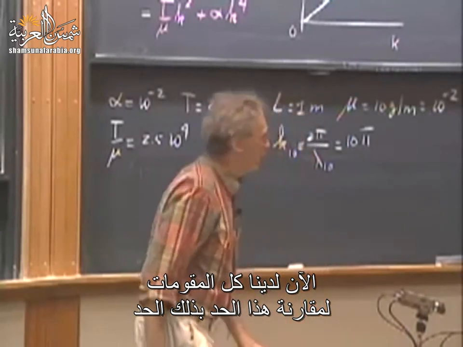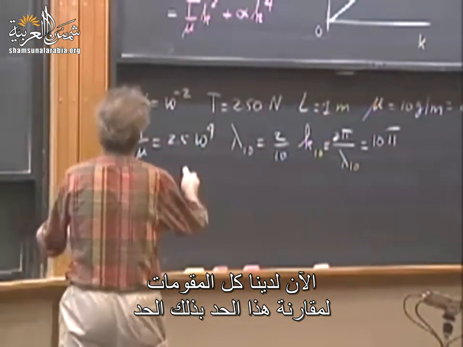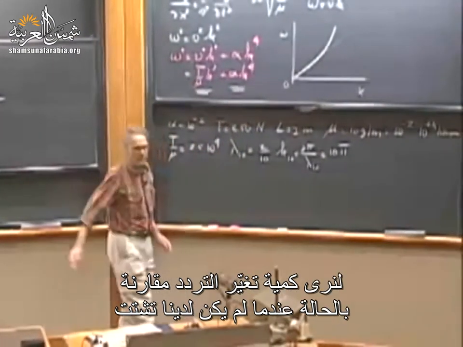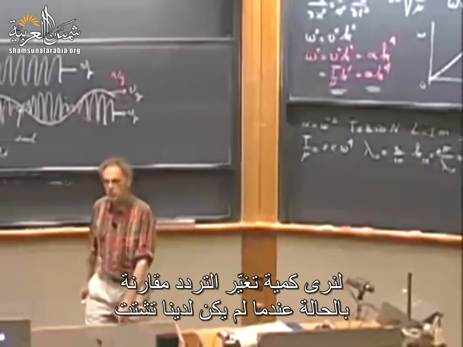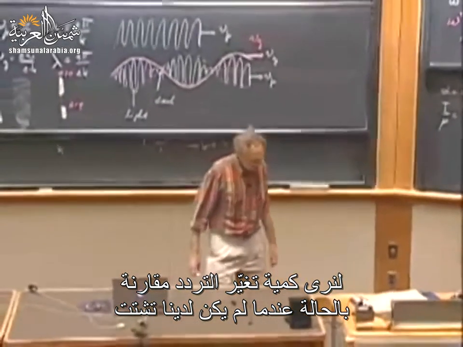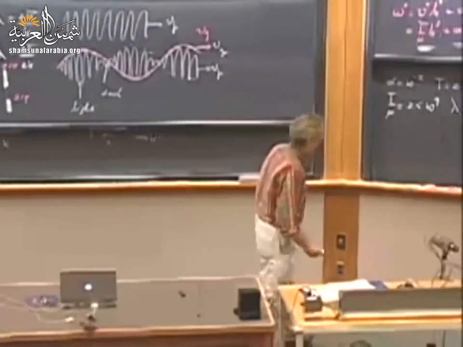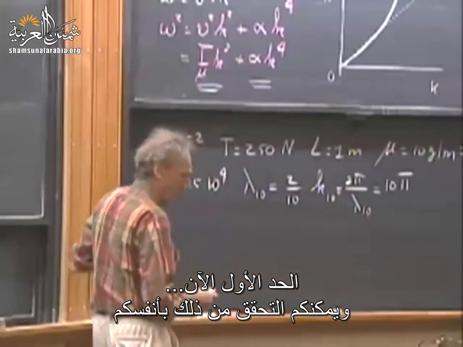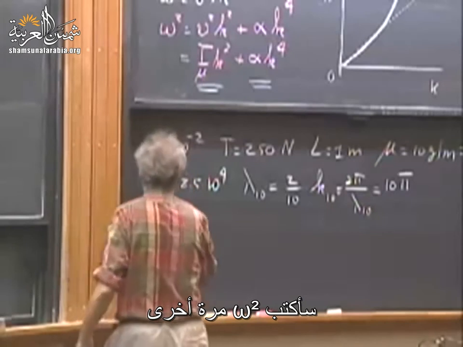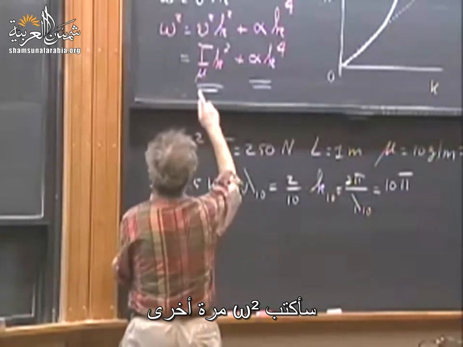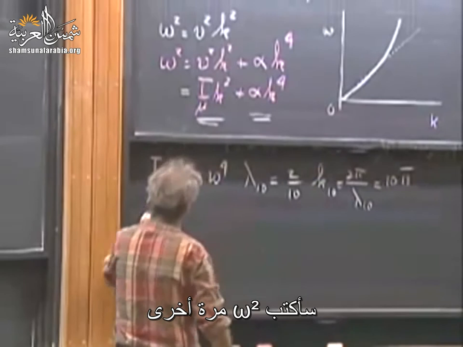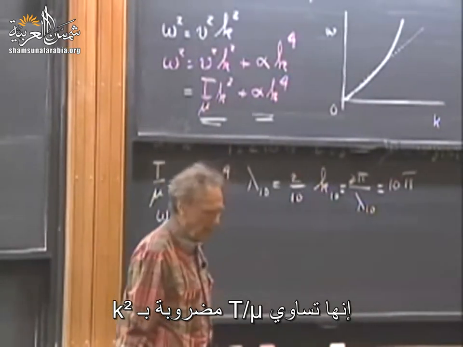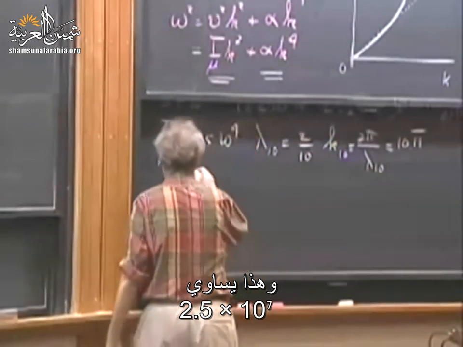And so now I have all the ingredients to compare this omega squared term with that term, to see by how much the frequency changes over the case where we had no dispersion. So this first term, and you can check that for yourself, I will write down omega squared again, is T over mu multiplied by k squared, and then I find 2.5 times 10 to the 7th.